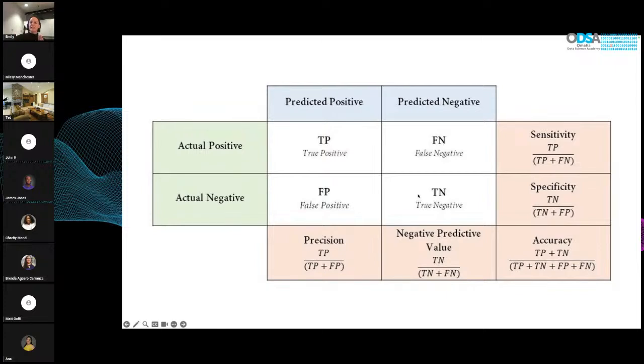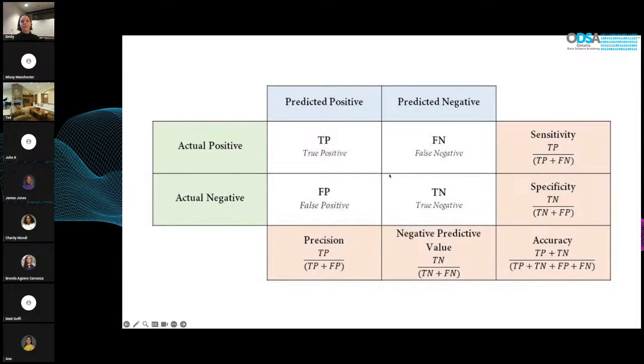You can actually extend that out both to the right and to the bottom. So if we look across this dimension of actual positive, we can take the true positive divided by true positive plus false negative. Sometimes you will see confusion matrices that capture more information.